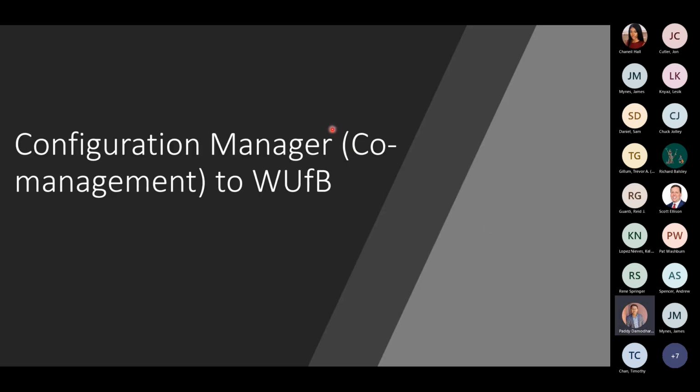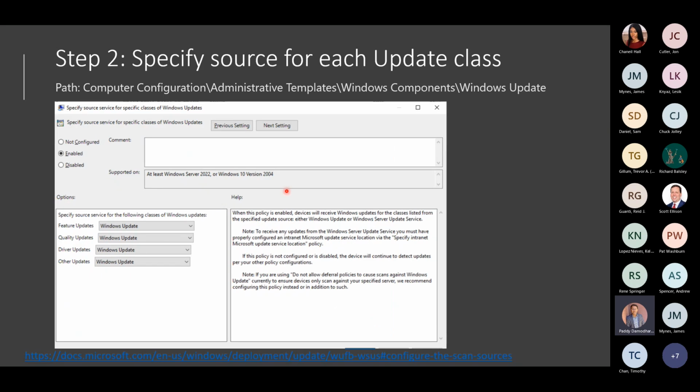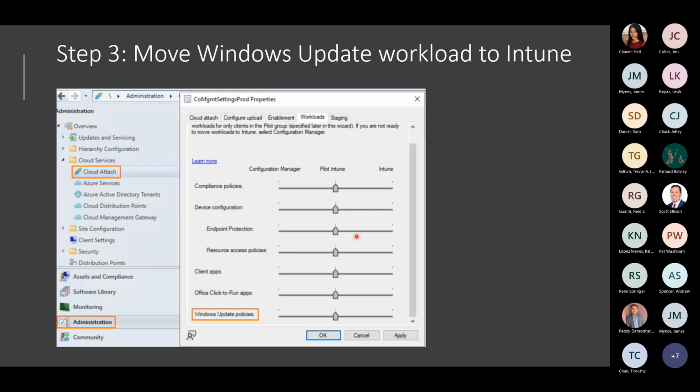With that, we are coming to the last option, which is where we assume that you are a configuration manager customer and you have co-management configured in your environment. So with this, again, you install the latest ADMX template, set up the source, and within co-management, you move the workload for Windows Update policy.